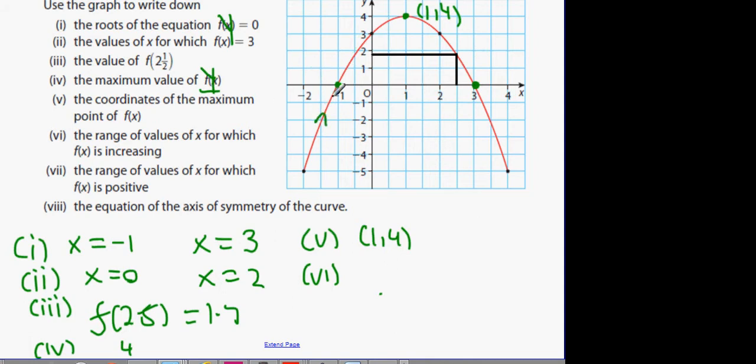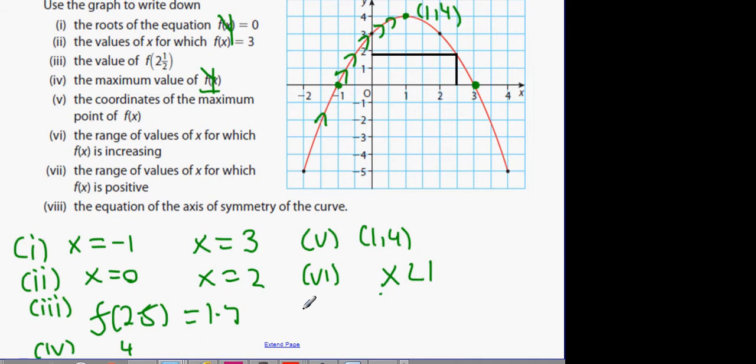At what value of x do I stop increasing? 1. So you're always increasing for any values smaller than 1. So how do I write that down? x less than 1. Any x value smaller than 1, you're on your way up.